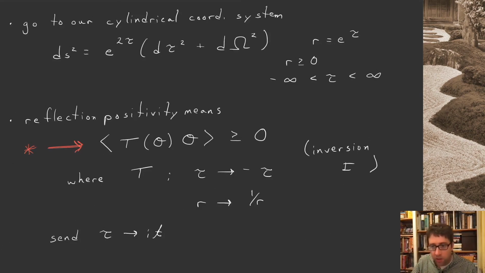Restoring the Lorentzian, or Minkowski, nature of time, I can think of this time reversal as the dagger operation, the Hermitian conjugate. Instead of sending t to minus t, I can think of taking the complex conjugate of the square root of minus 1, which sends i t to minus i t.